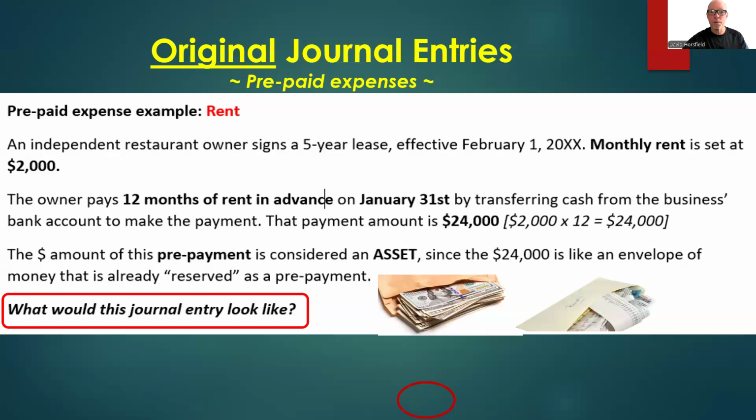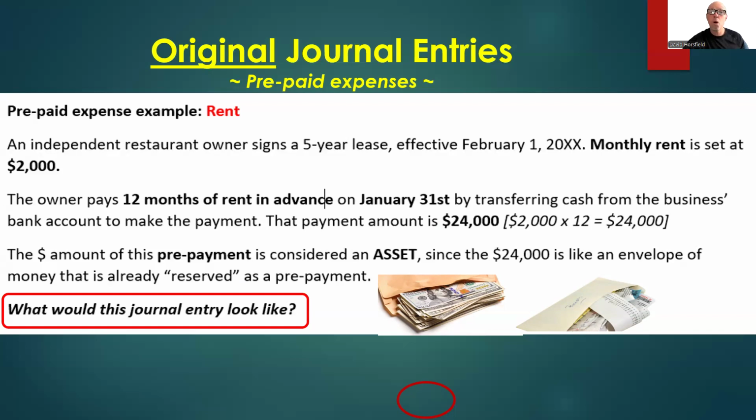So look at the picture. The $24,000 went out. We pay that $24,000 and we get a receipt from the landlord that says you've paid that $24,000. That receipt of prepayment is the important piece here.